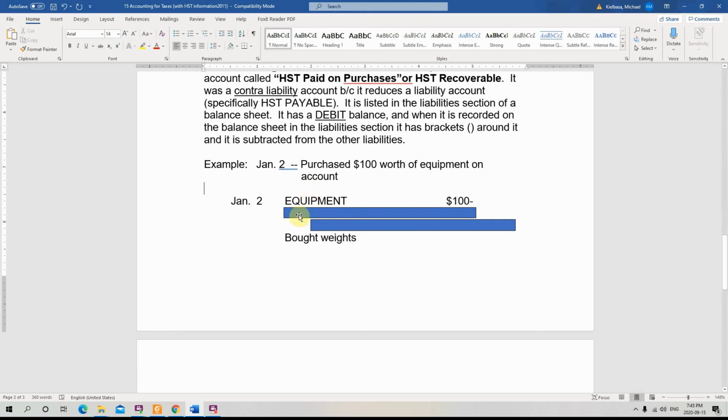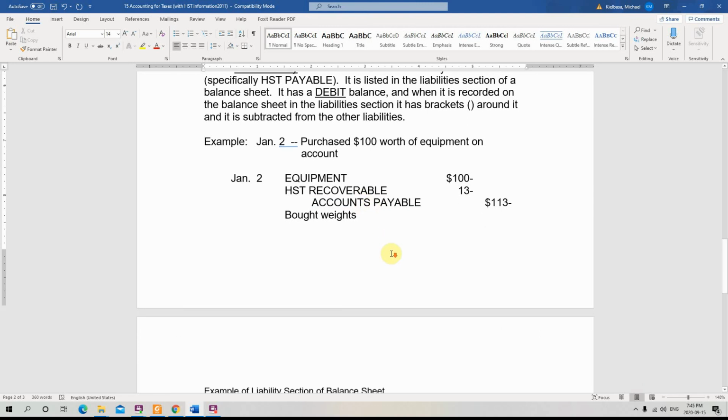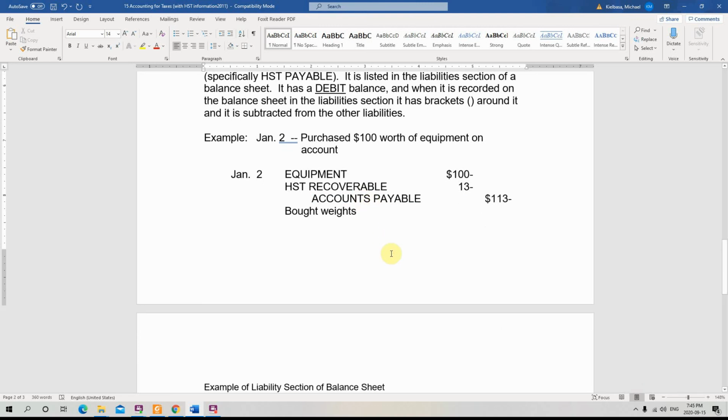HST paid on purchases, or HST recoverable or refundable, is going to be debited for 13. And now I owe a grand total of $113. So accounts payable is going to be credited for 113. All right, so you are going to be recording journal entries that now involve tax or taxes.